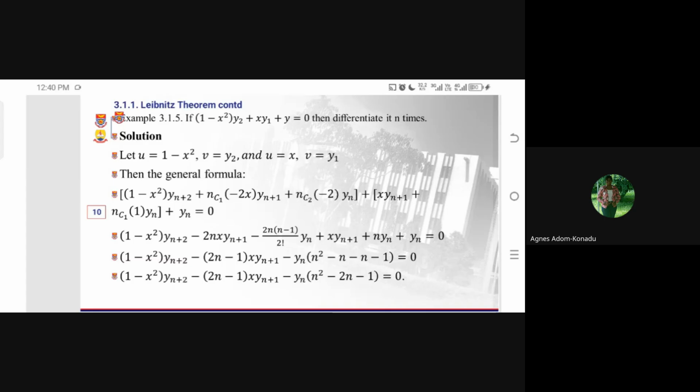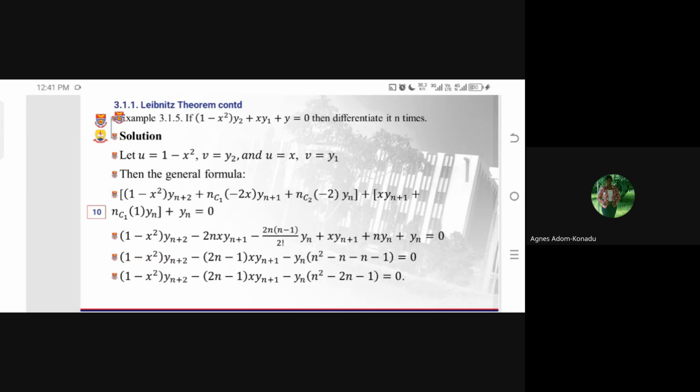Looking at this, if I choose 1 minus x to the power 2 to be my u, the first differential will be minus 2x, the second will be minus 2, and the last one will be 0.